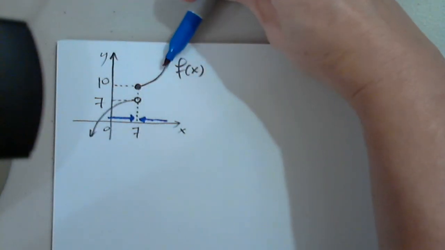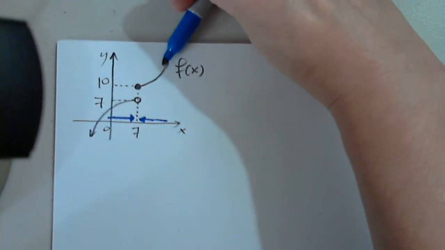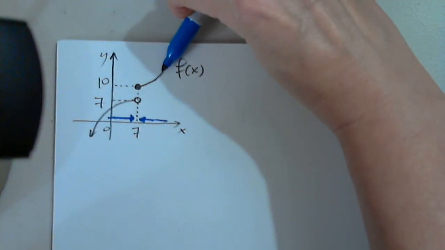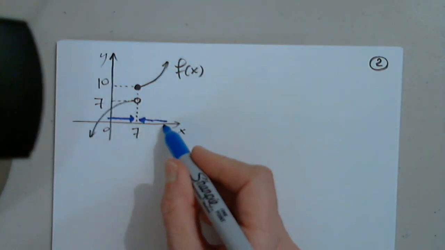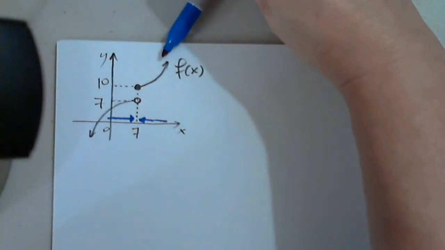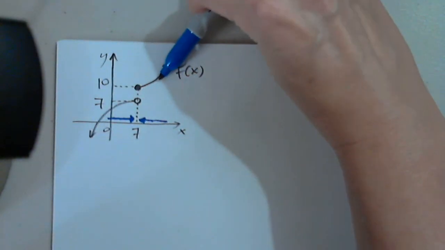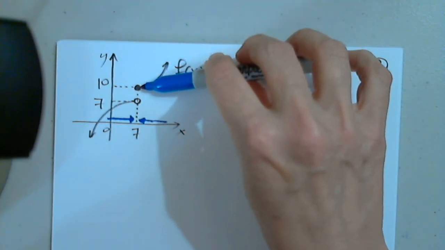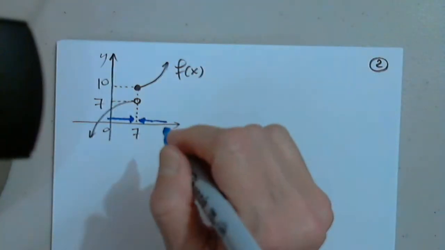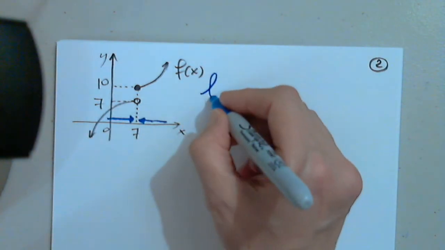What will the function values, which value of y, in other words, will they approach? As x gets closer and closer to 7, where will the function values go? Closer and closer to what? 10. Exactly.